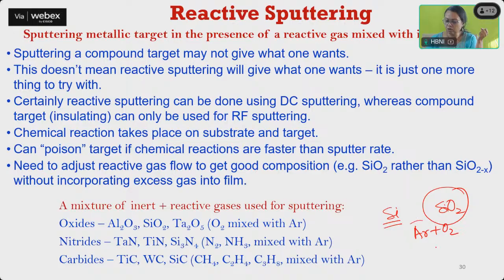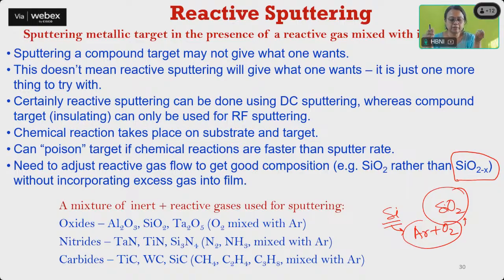It doesn't always happen that the target is Si and I get a SiO2 film. I can get SiO2-x, so there will be some incorporation of oxygen. Certainly reactive sputtering can be done using DC sputtering, whereas a compound target can also be used for RF sputtering.